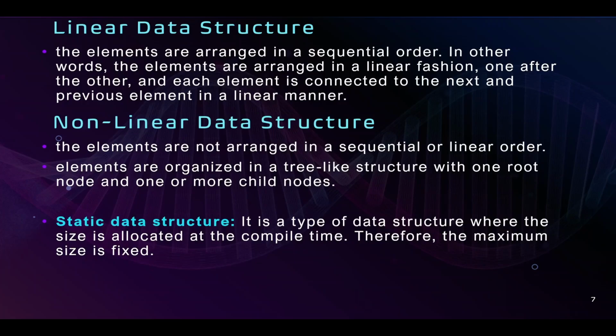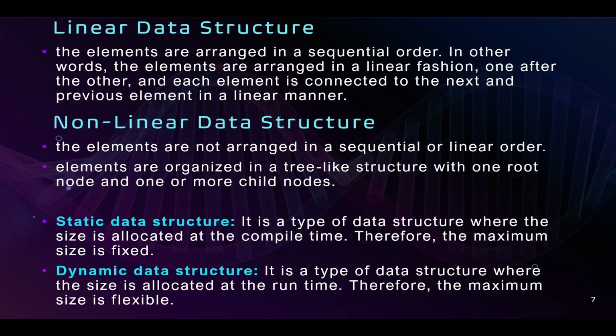We also have static and dynamic data structures. A static data structure is a type of data structure where the size is allocated at compile time. Therefore, the maximum size is fixed, like arrays. At compile time, we define the size of the array. Once we define that, we cannot shrink or increase the size of the array.